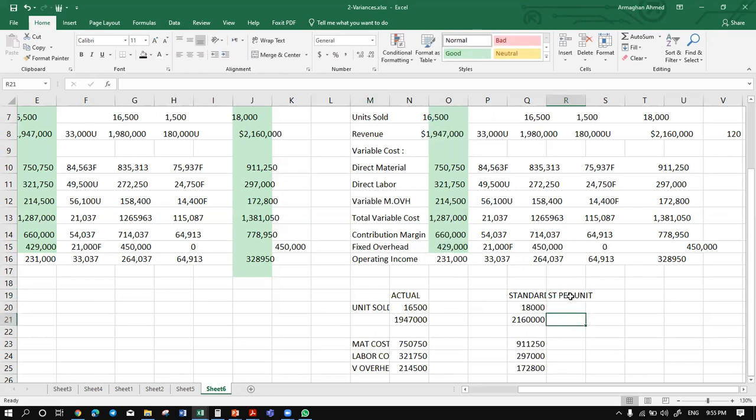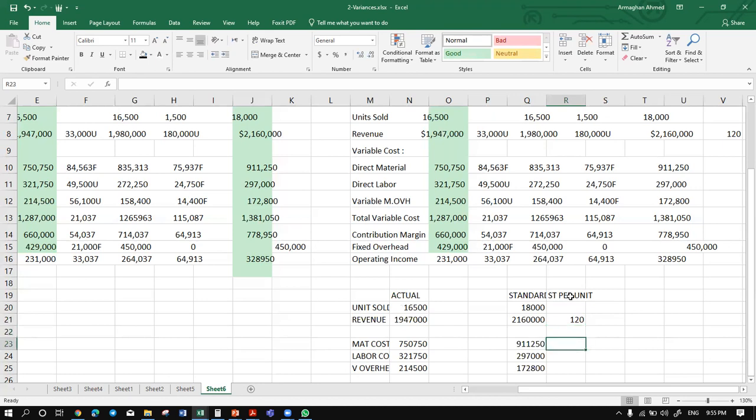So in terms of revenue, how much will be standard per unit? Everything you have to divide by number of units, right? So we have 2160 divided by 18,000. How much do we get? 120. Is it right?